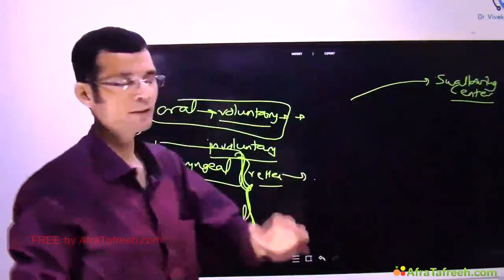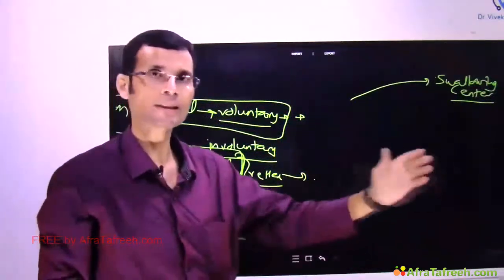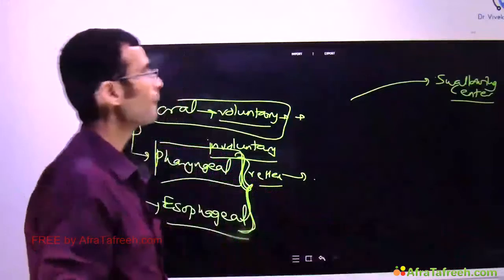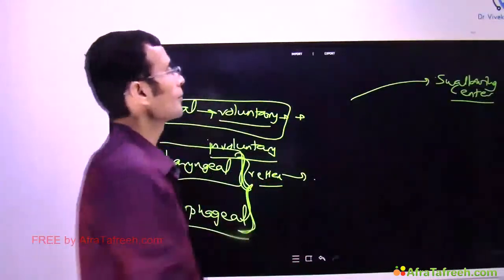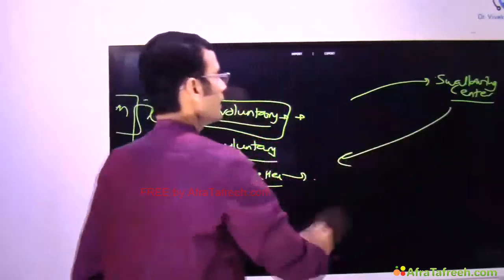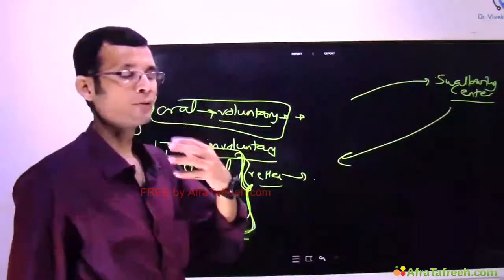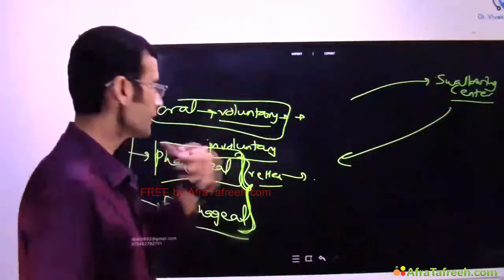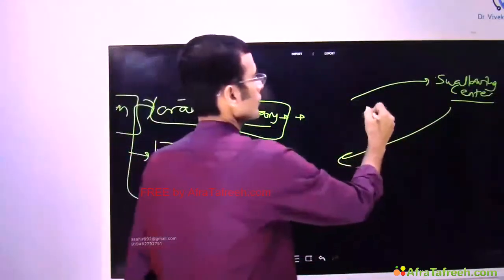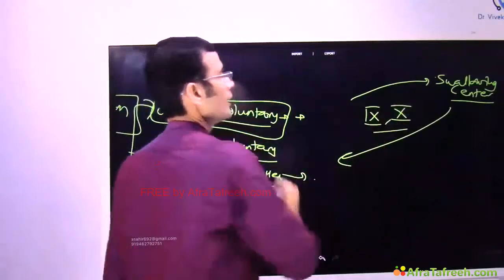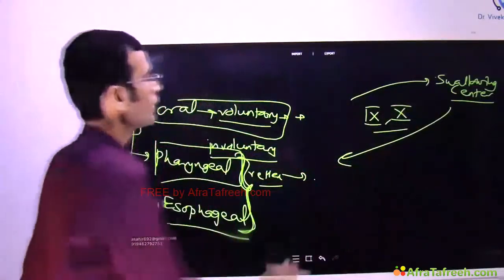That swallowing center will inhibit the nearby respiratory center of the medulla, so that respiration will be temporarily inhibited, and then it sends signals back so that there are coordinated contractions seen in the pharynx and esophagus. The ninth and 10th nerves are involved in this act.